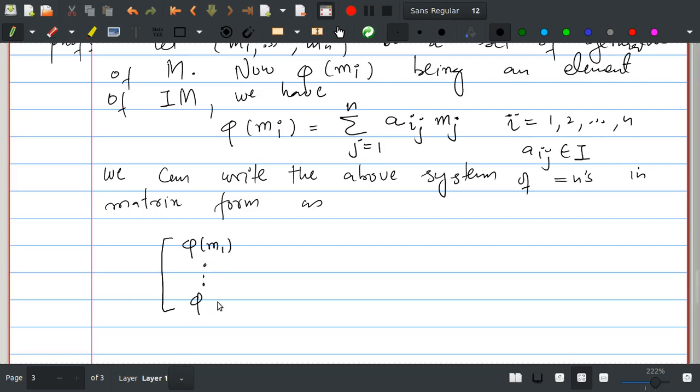Similarly we have phi of mn here, because we have n generators.